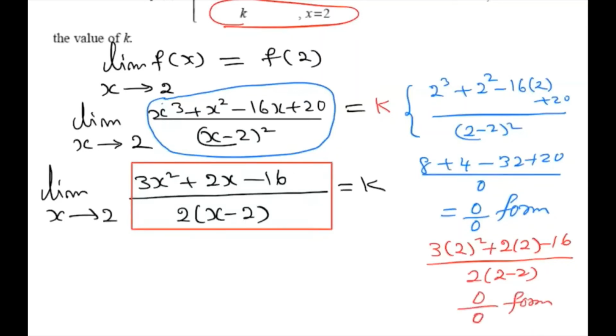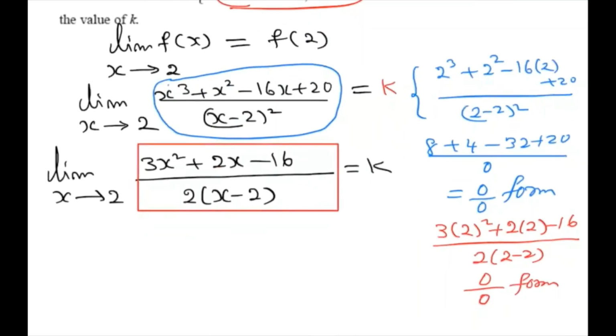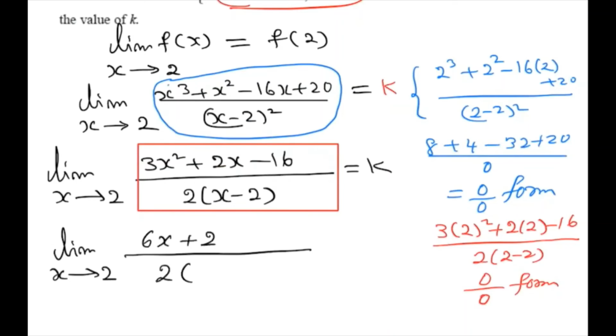Again, 0 upon 0 form. So apply the L'Hopital rule again. Limit x tends to 2. Differentiate numerator and denominator separately. That is 6x plus 2. Derivative of denominator: derivative of x is 1, derivative of 2 is 0, equal to k.